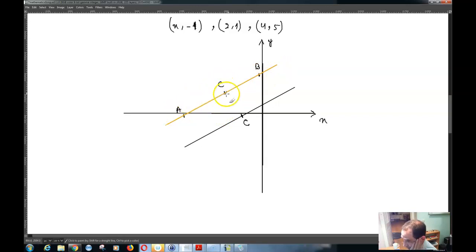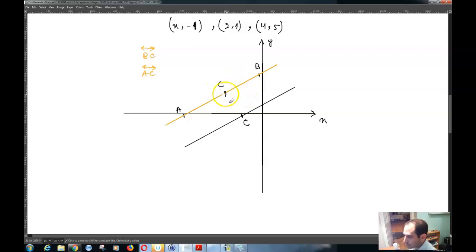You can imagine it's now 2 lines on top of one another, for example, AC and BC. You have this line, BC, and you have this line, AC, and they are parallel. These 2 lines are parallel, and they share at least one common point, which in this case is C.